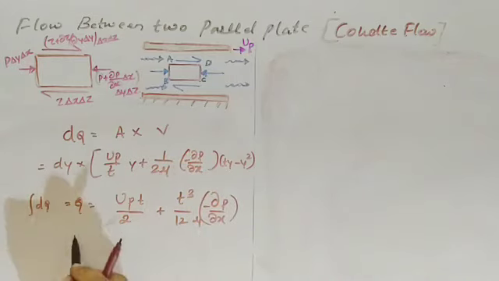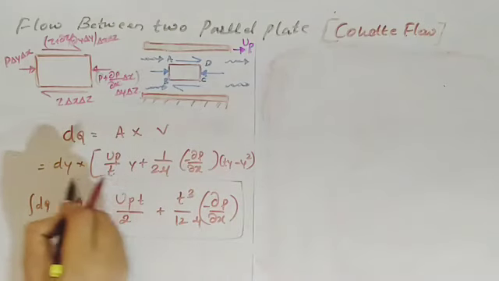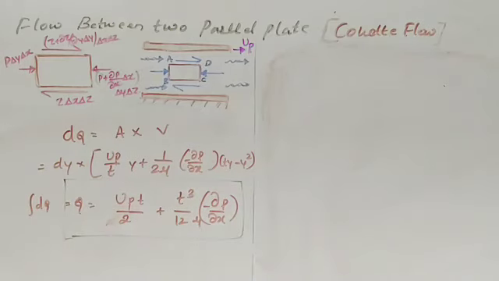Now this is the discharge taking place between these two plates. Now we have identified the discharge, and we already know that the average velocity, that is u bar, is given by q divided by area.